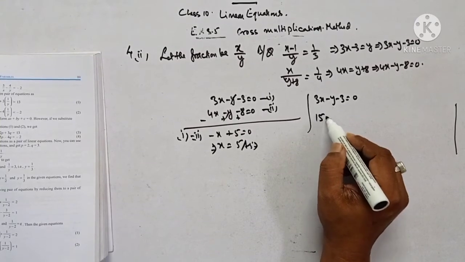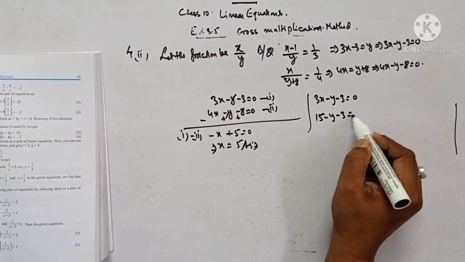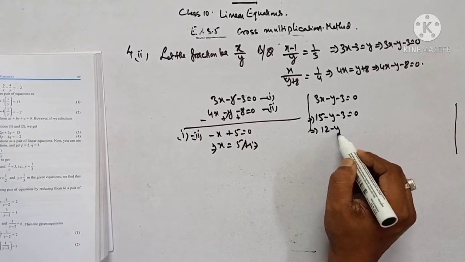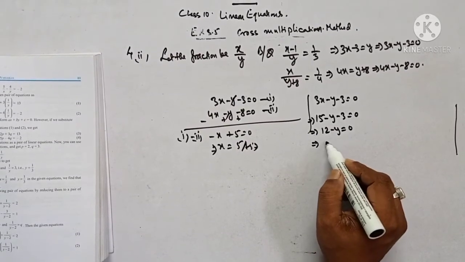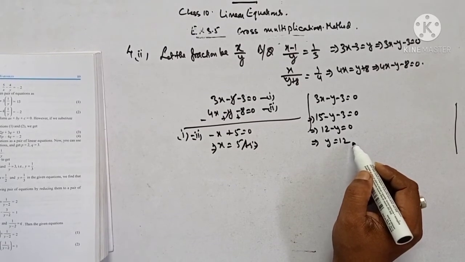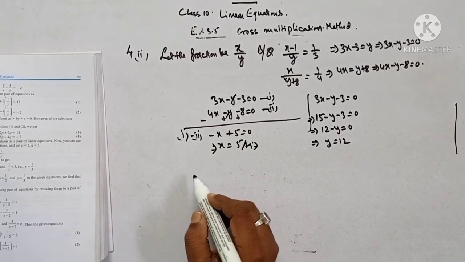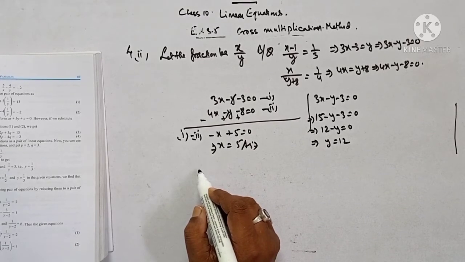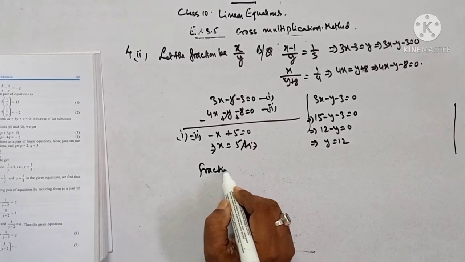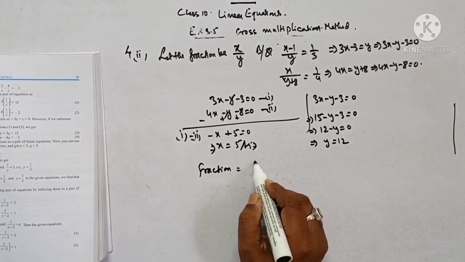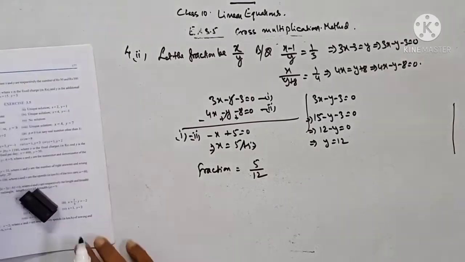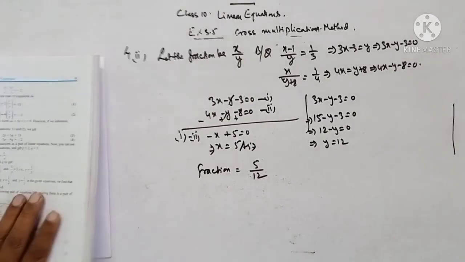So 15 minus y minus 3 equal to 0, so y is 12. So your fraction is 5 by 12.